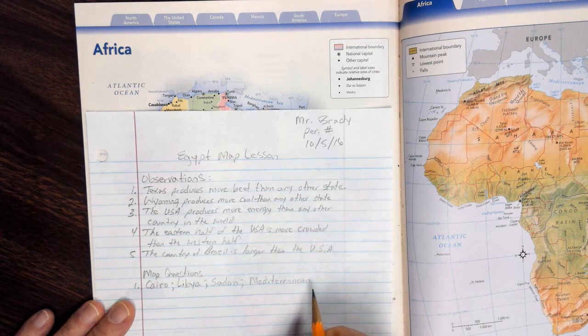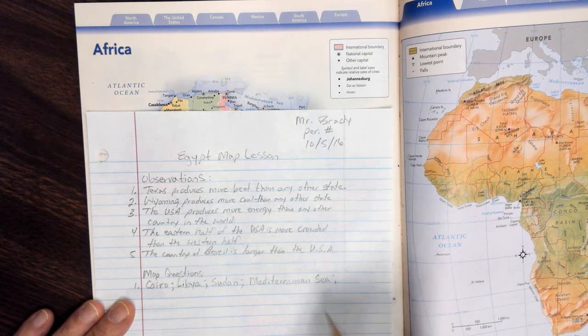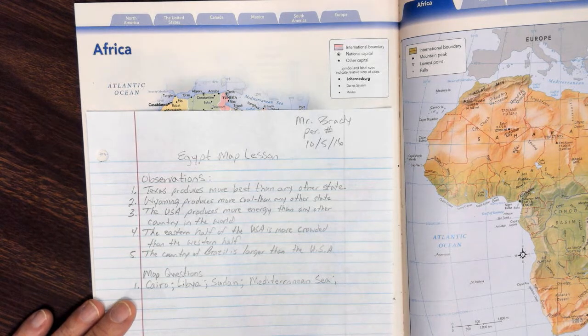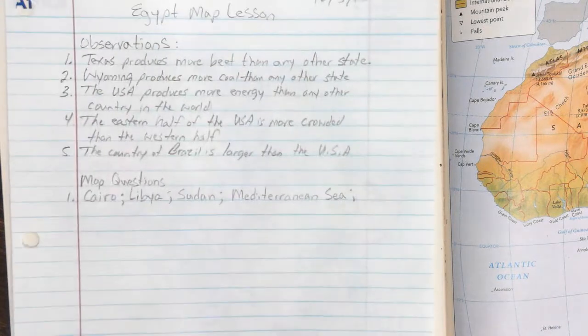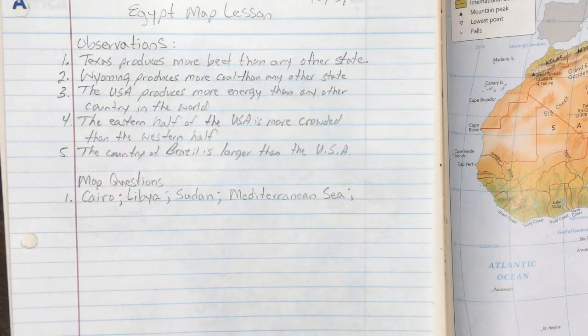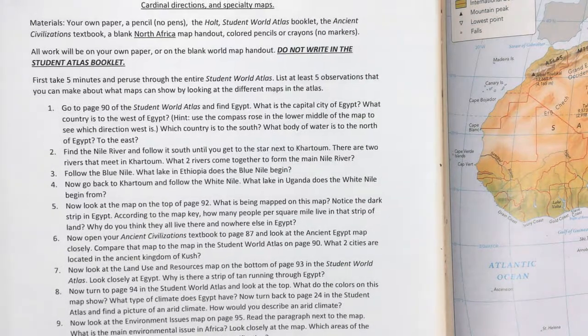M-E-D-I-T-E-R-R-A-N-E-A-N, Mediterranean Sea, S-E-A, semicolon. Okay, so there we go, Mediterranean Sea. So far we got 1, 2, 3, 4 answers just for question number 1.